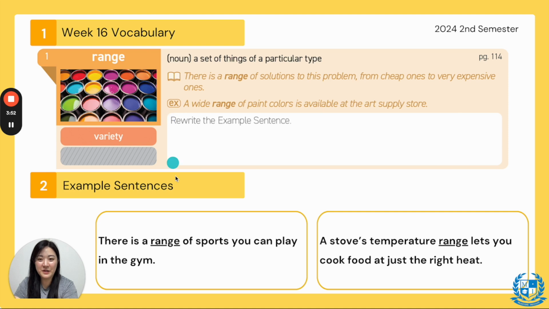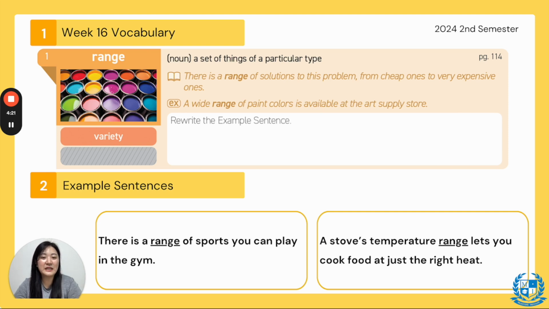Please make sure for your homework that you are writing all the example sentences one time here in this big box. Alrighty? Let's look at the example sentences here. It says there is a range of sports you can play in the gym, meaning you can play soccer, basketball, dodgeball, volleyball, probably not baseball, but there are a range of different sports that you can play, not just one.